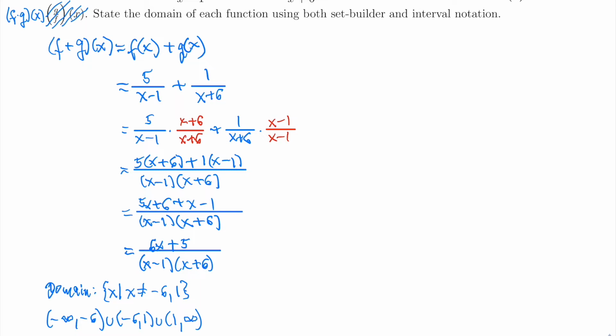And if we did subtraction as well, everything would be pretty much the same. The one thing we would have to watch out for is at this step here, where we would have a minus 1 times x minus 1, and we would have to distribute the negative 1, getting negative x plus 1.